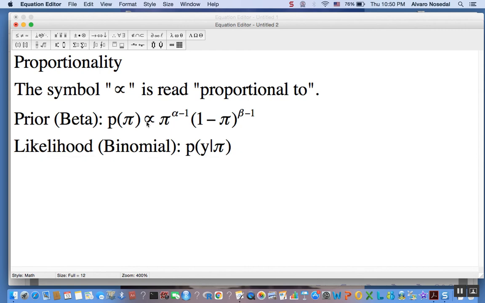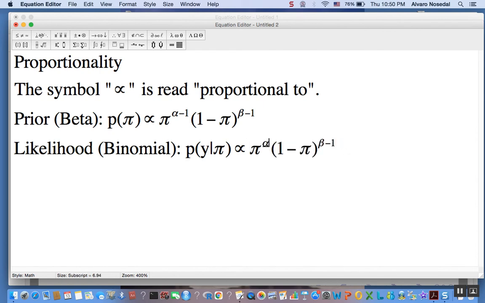That likelihood is going to be proportional, meaning ignoring that constant, to pi to the number of successes that we observed in our sample times 1 minus pi to the n minus y, where n minus y represents the number of failures. So our likelihood looks like this.